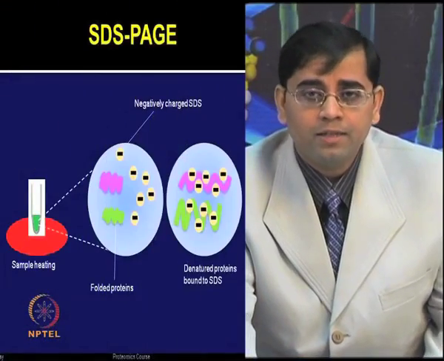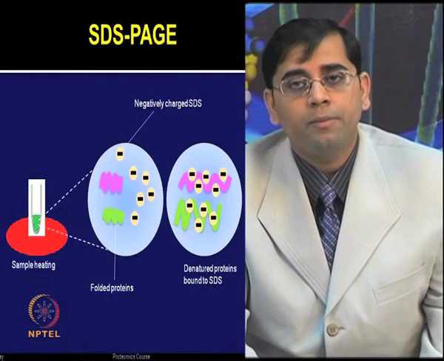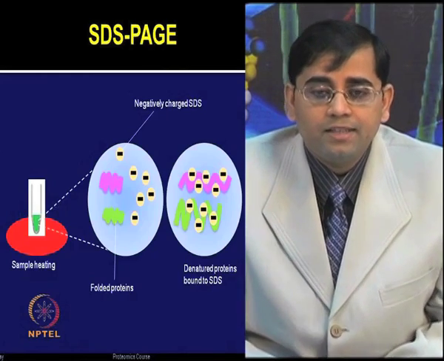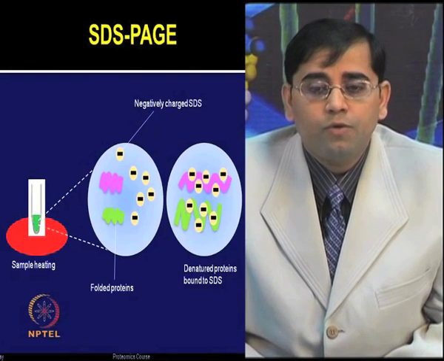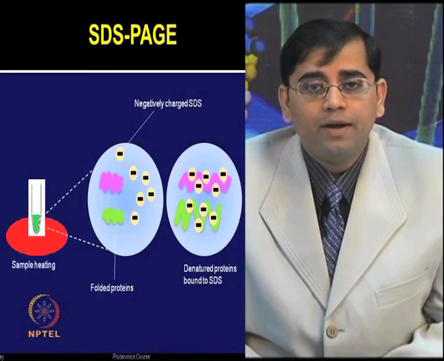Now, once this step is done, you need to boil your protein sample if you are performing a regular SDS-PAGE. The negatively charged SDS molecule will bind to the folded proteins. It will denature the protein and provide the negative charge.